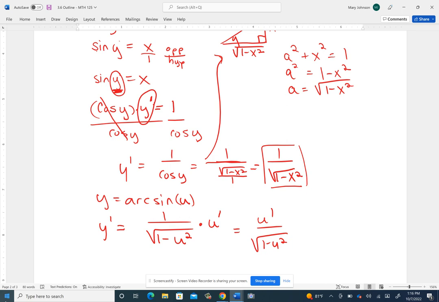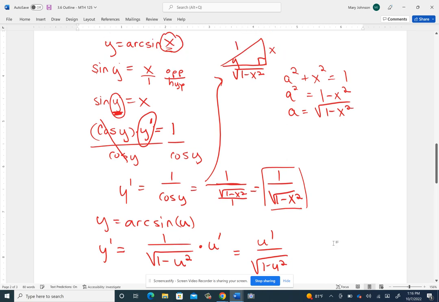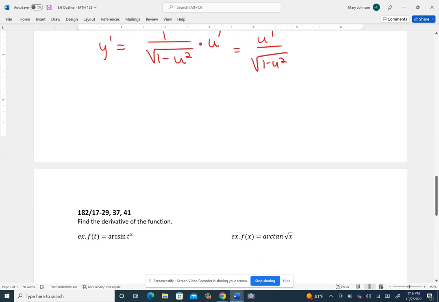So let me do one more. I could do tangent to see why that turns out. Maybe I'll find out why secant turns out the way it does. The others I think you could almost do on your own.